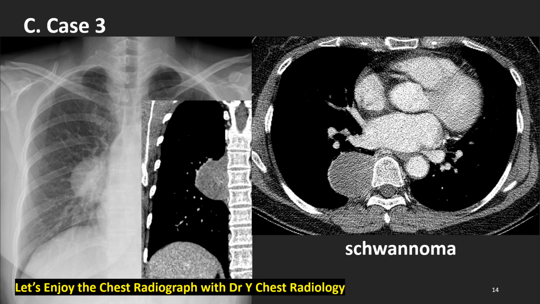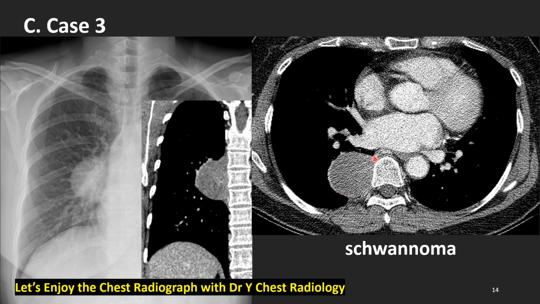This coronal CT shows a paraspinally broad-based, heterogeneous, well-defined mass, so paravertebral compartment neurogenic tumor is possibility number 1. And on this axial image, it is broad-based on the paravertebral compartment with well-defined margin.